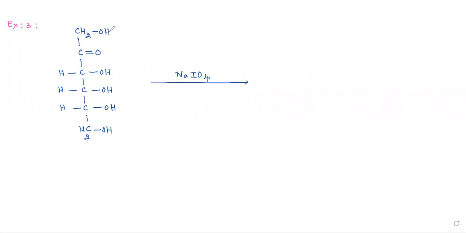Come on, make it very fast. One step only on one side. After the bond cleavage, it is a primary one, so just one-step oxidation. What do we get? We get an aldehyde. It's a primary.